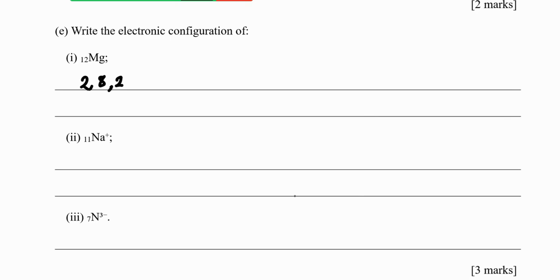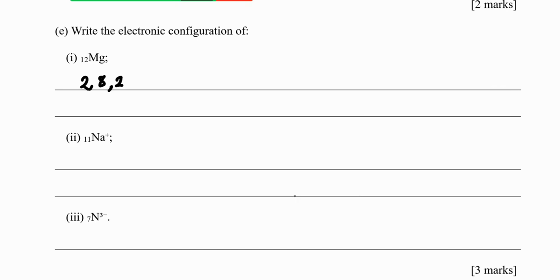Now the next one is sodium. Sodium's atomic number is 11. But this is sodium ion. It's not just neutral sodium. Now, the sodium ion is sodium positive, and sodium positive means that sodium has already donated 1 electron.